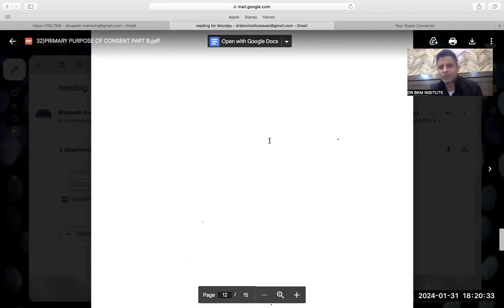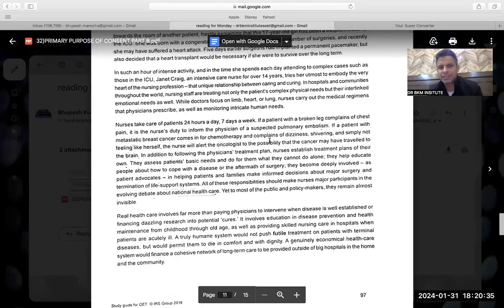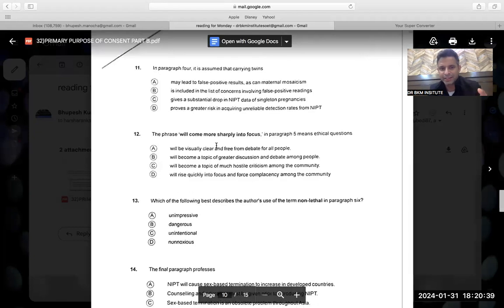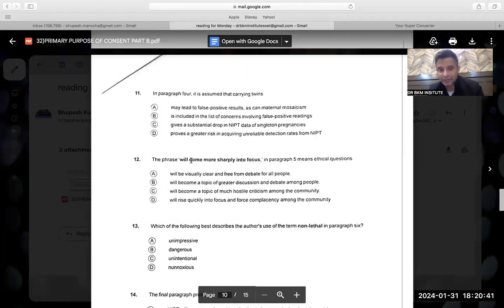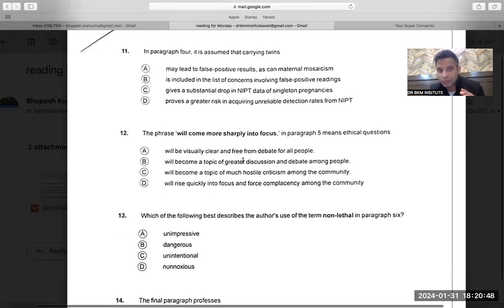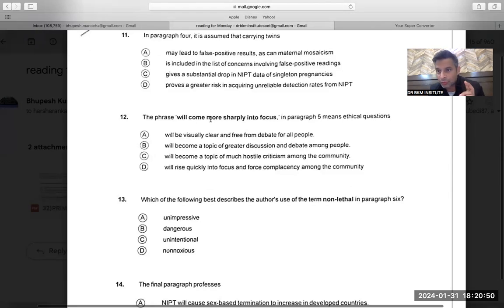Anyhow, there was a question in which the paragraph was using some kind of second degree. And here it is. So now see what is second degree. The paragraph will come more sharply. Much is the first degree, more is the second degree, most is the third.